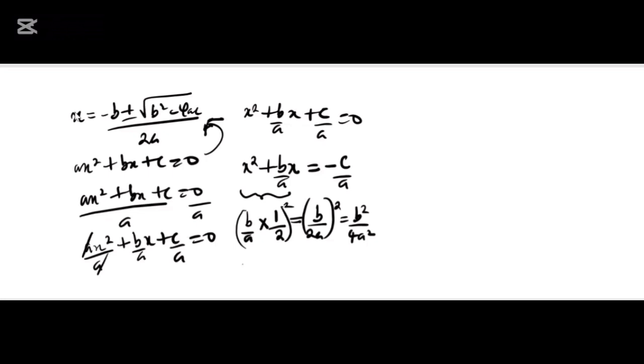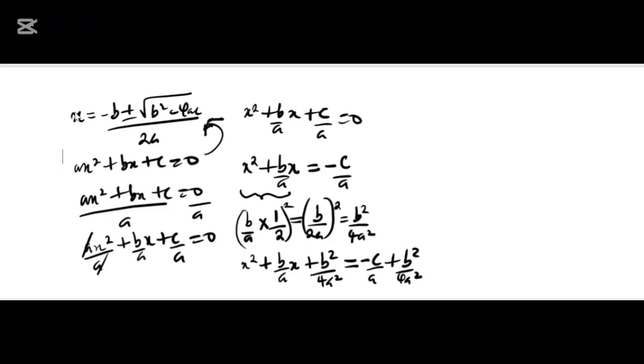So I'm going to have x squared plus b over a x plus b squared over 4a squared. I've added that, so it makes the left hand side a complete square. I'm going to show you why. And to the right hand side, I'm going to add b squared over 4a squared.